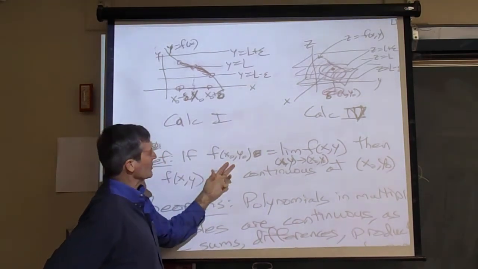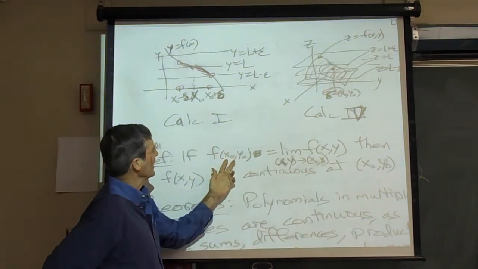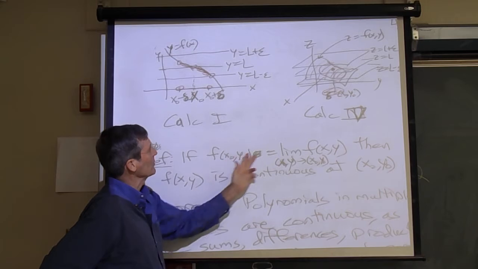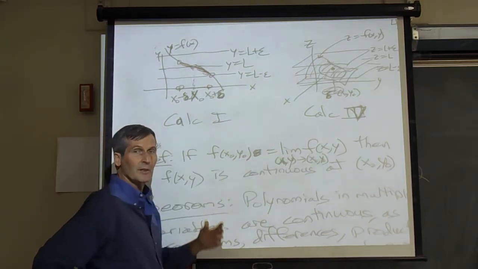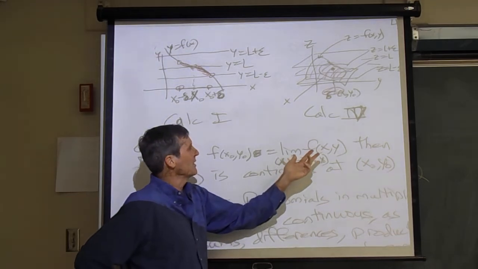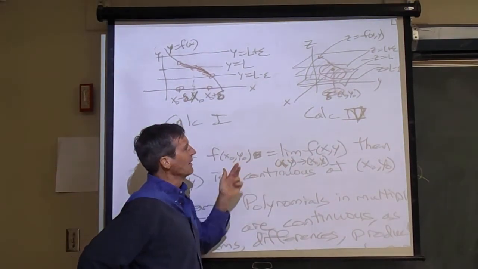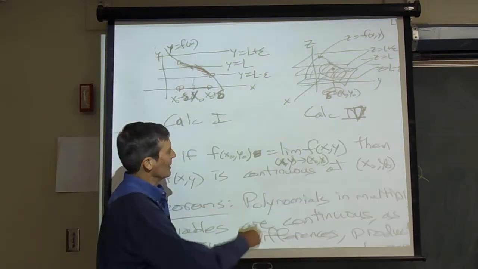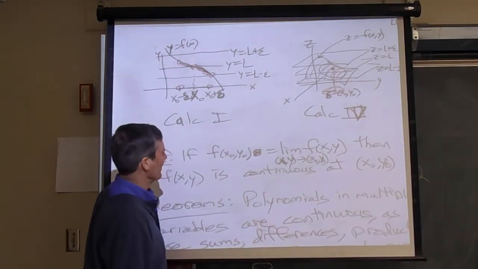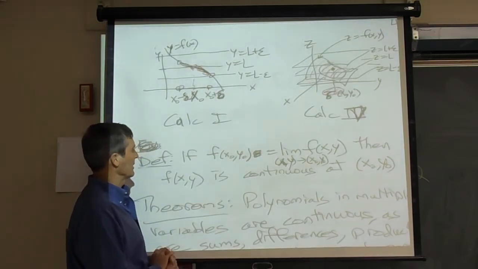With it tacitly assumed that the function is defined and the limit exists, you just say if the value of the function is equal to the limit, that's what we call continuity. Continuity for a function of two variables or one means that you can evaluate the limit by plugging in. You just plug in the point to get the limit. So those are the nice functions. When you see those, to evaluate a limit, you just plug in.